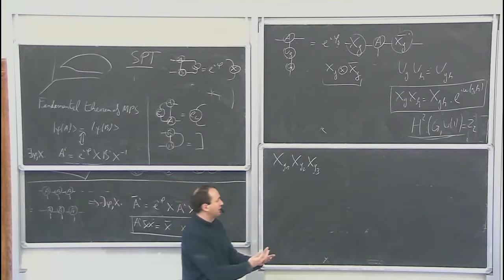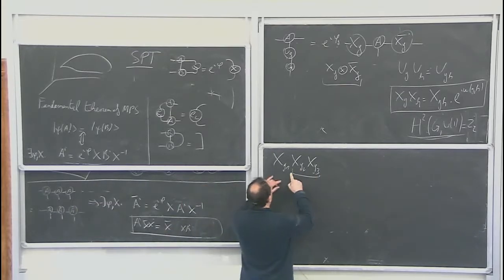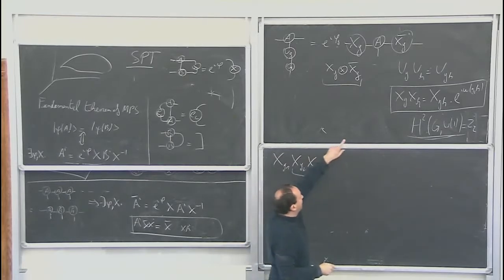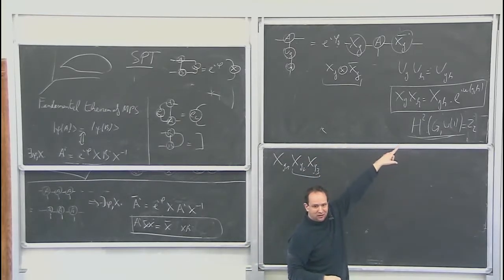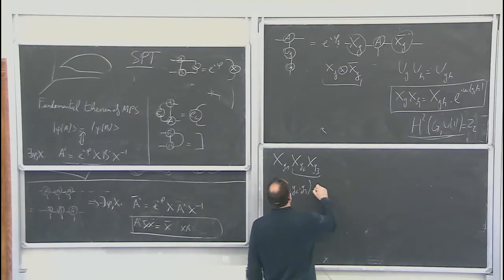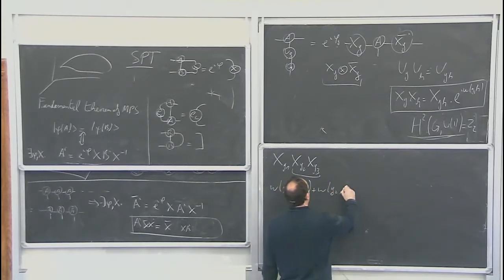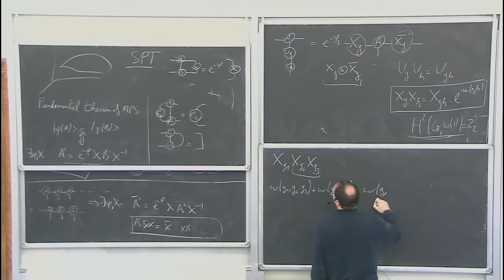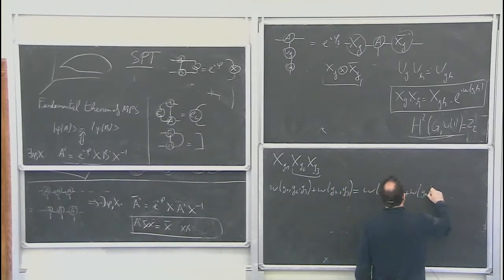I can first take these two together and then multiply with this, or first take these two together and multiply with this. And of course they have to give exactly the same result. You can immediately see that this implies that omega(g1,g2) times g3 plus omega(g2,g3) has to be equal to omega(g1,g2) plus omega(g1,g2,g3).